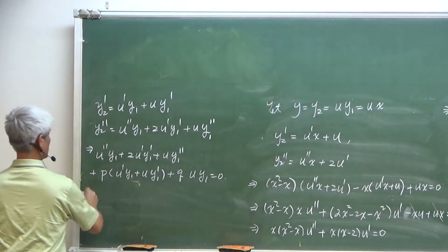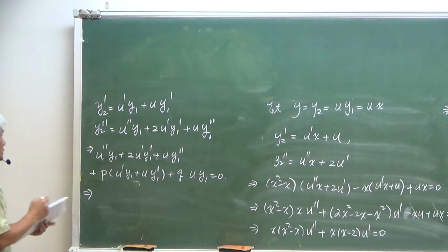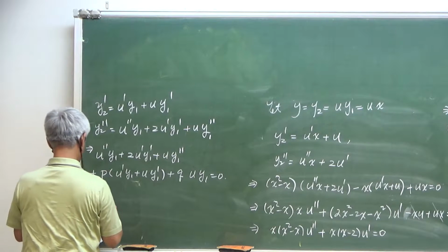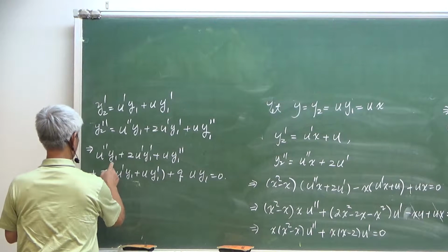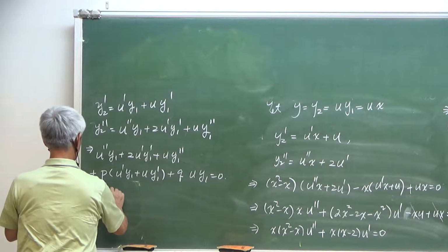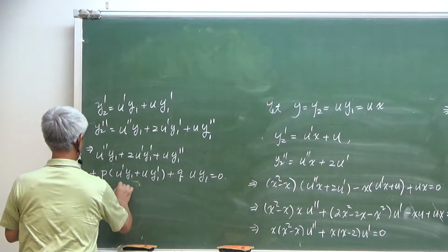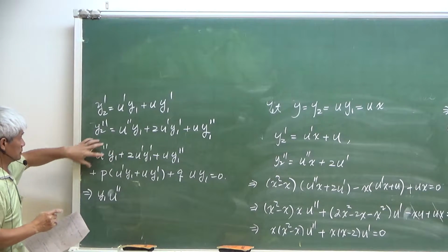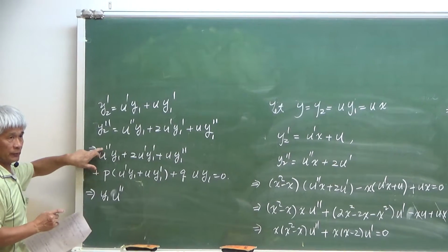Okay. Now you combine terms corresponding to u. So you have u double prime y1. This is the only term related to the second derivative of u.